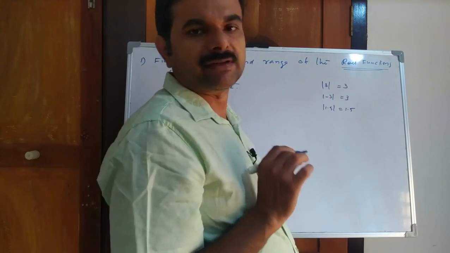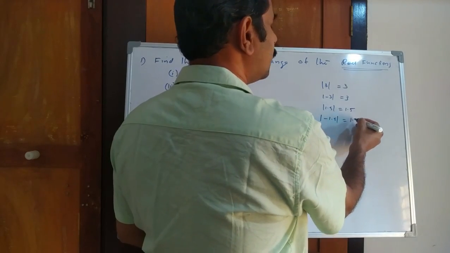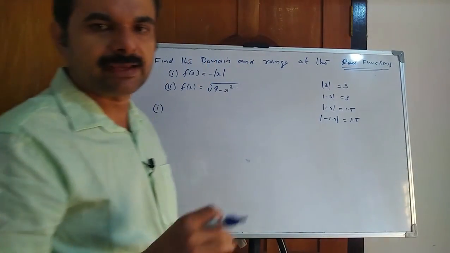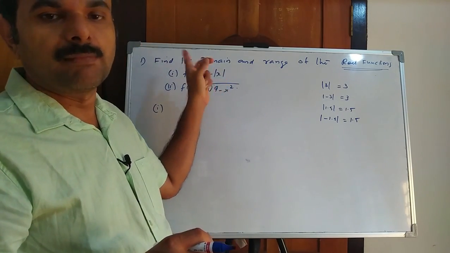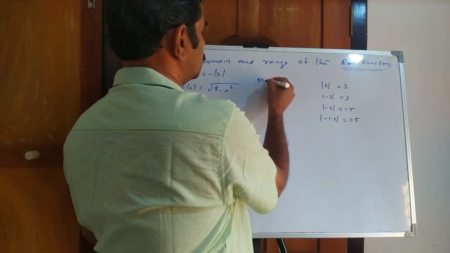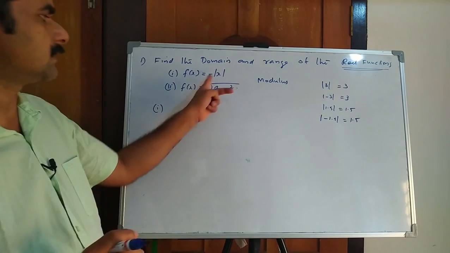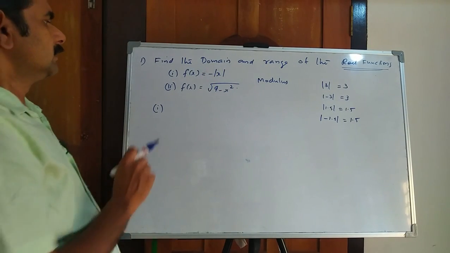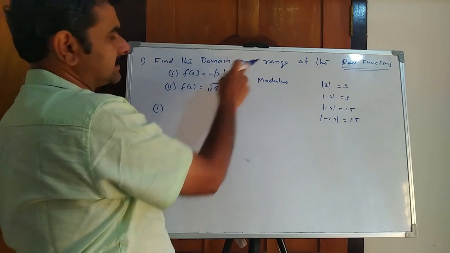That is 1.5 itself. Mod minus 1.5 is 1.5, isn't it? So we are taking only positive values. This is the function modulus x. Here we have to find the domain and range.